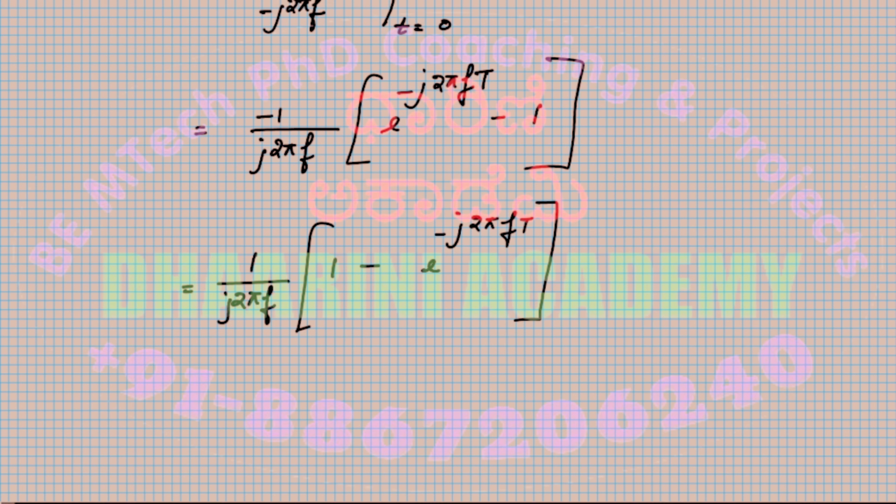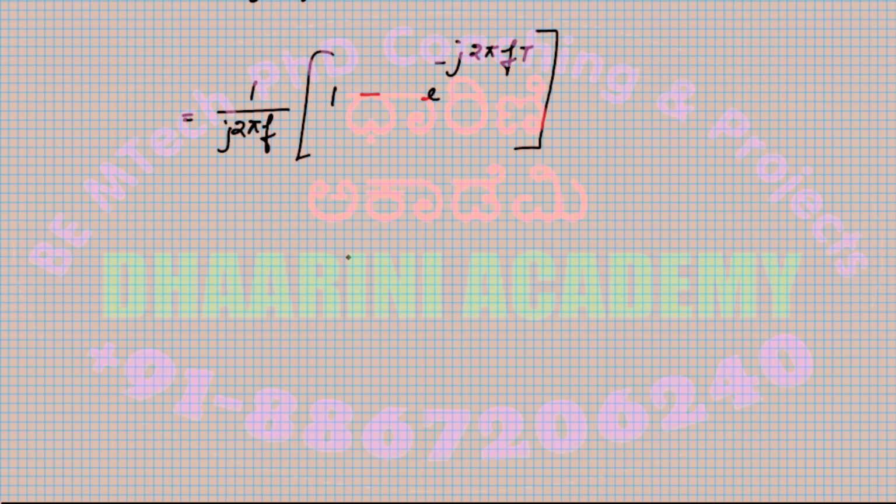What I want is to bring this into a sine or cosine wave format or something similar. For that reason, I'll take out e to the power minus j pi f capital T outside. The denominator is still the same, j 2 pi f.